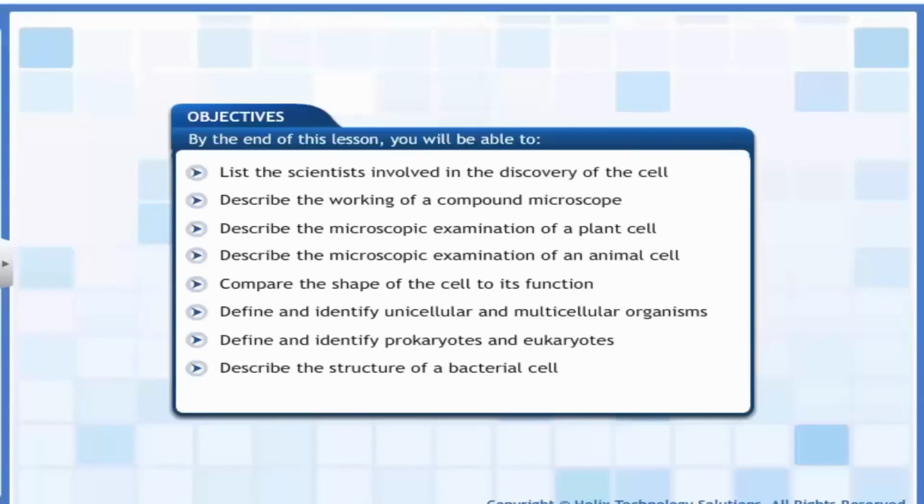By the end of this lesson, you will be able to list the scientists involved in the discovery of the cell, describe the working of a compound microscope, describe the microscopic examination of a plant cell, describe the microscopic examination of an animal cell, compare the shape of the cell to its function.